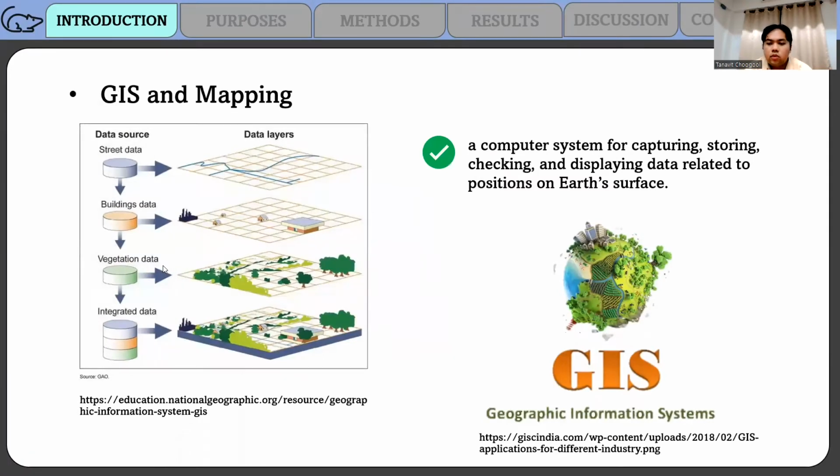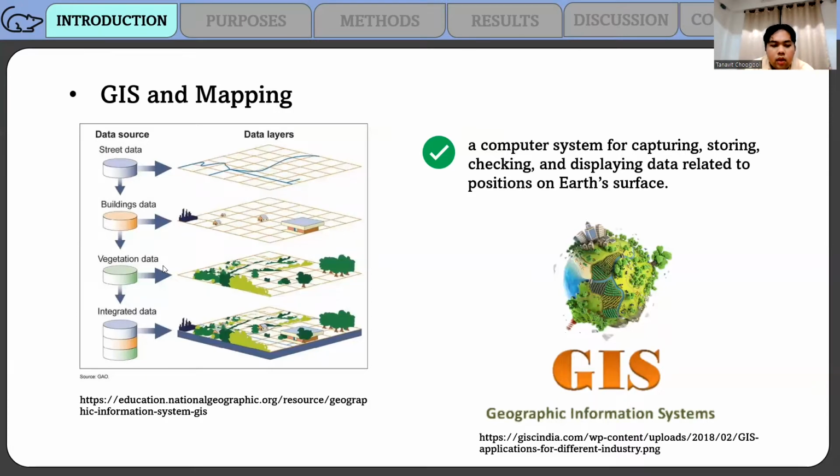Next, I will tell you about GIS and mapping. What is GIS? GIS is a computer system for capturing, storing, checking, and displaying data related to position on Earth's surface. GIS can show many different kinds of data on one map, such as streets, buildings, and vegetation. As you can see from the figure on the left side, GIS mapping is like multiple layers of data.